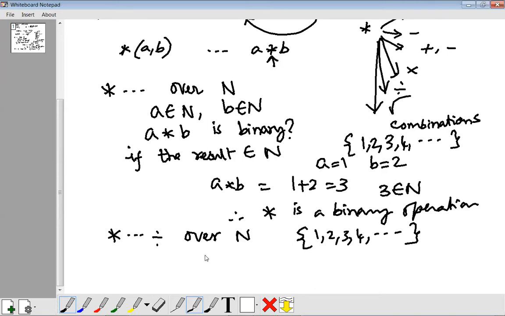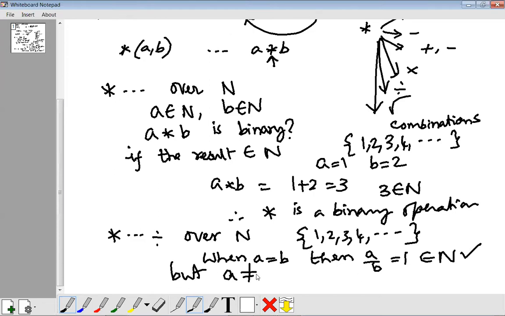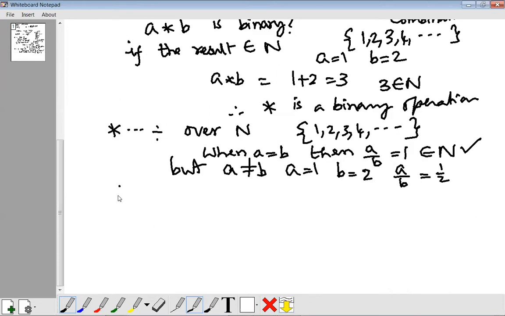Only when A equals B, then A by B equals 1, and that belongs to N. But when A is not equal to B, for example, A is equal to 1, B is equal to 2, A by B will give me 1 by 2. 1 by 2 does not belong to N because it's not a natural number. Therefore, this operation is not a binary operation.